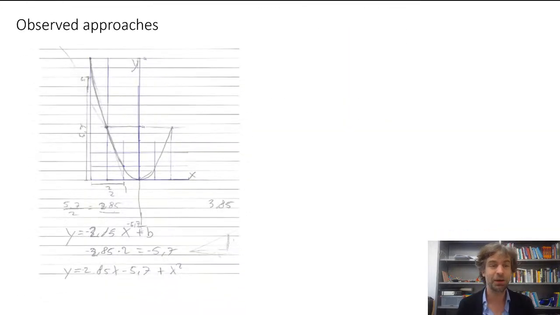Let's look at another example. This is students who made a beautiful drawing of a parabola, and then they draw a line to fit it as well as they can. And this is actually something they've learned in a physics class, they told me. This is how they learn, if they have a distance-time graph, to determine the speed. So this is also pre-knowledge that they have, and that I was perhaps not so aware of.